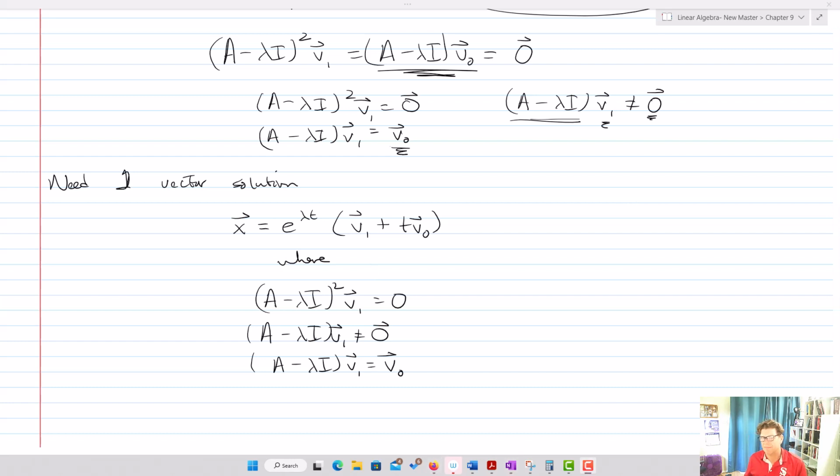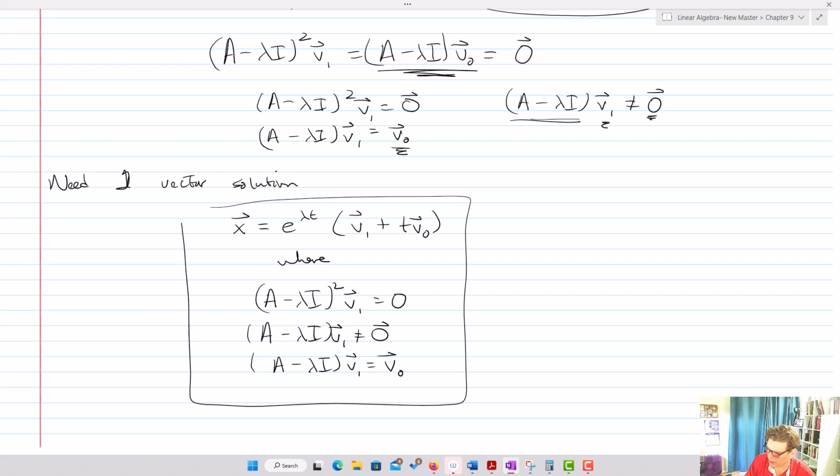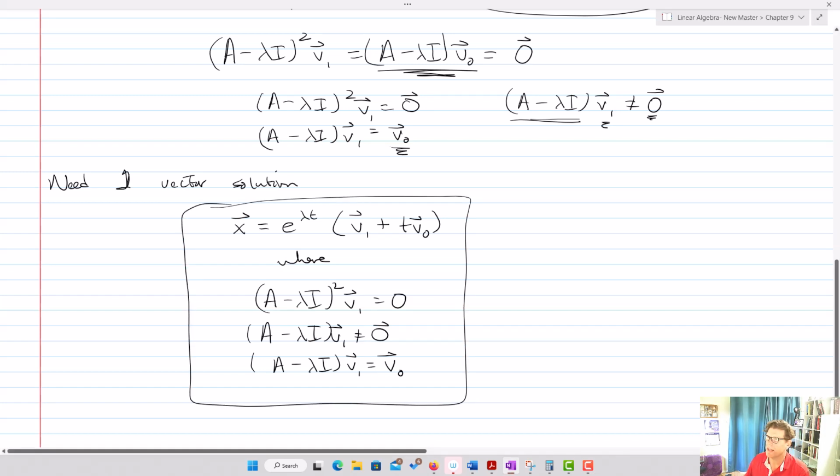So that's the method. That's what we're going to use. These are going to be the requirements if we need just one vector. If we need more than one, we'll generalize in just a little bit.